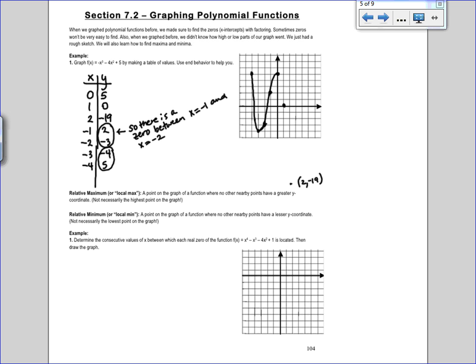So we have another 0 between -3 and -4. Now if you try -5, you go way up to 30. So our graph probably looks something like this.